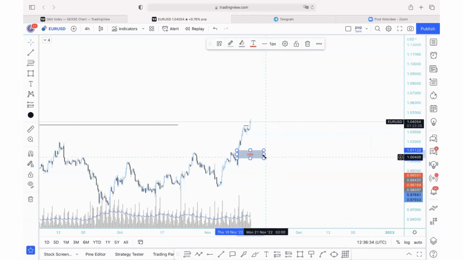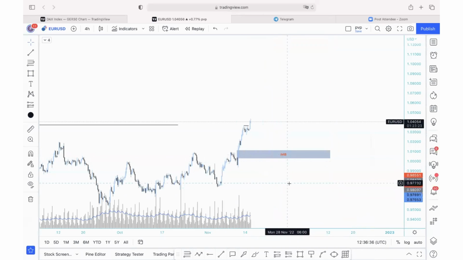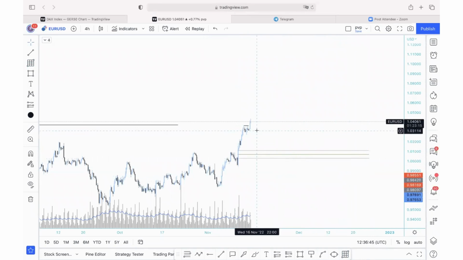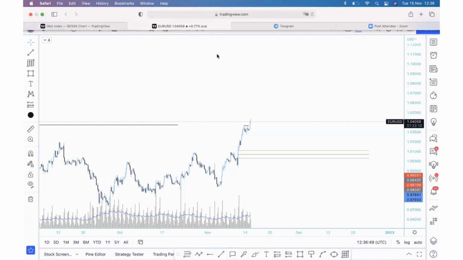Where is it? Here. So we can target this imbalance. We can target 50% of the imbalance possibly from a possible trade from here. Let's take a look at it and let's keep it on the watch list.